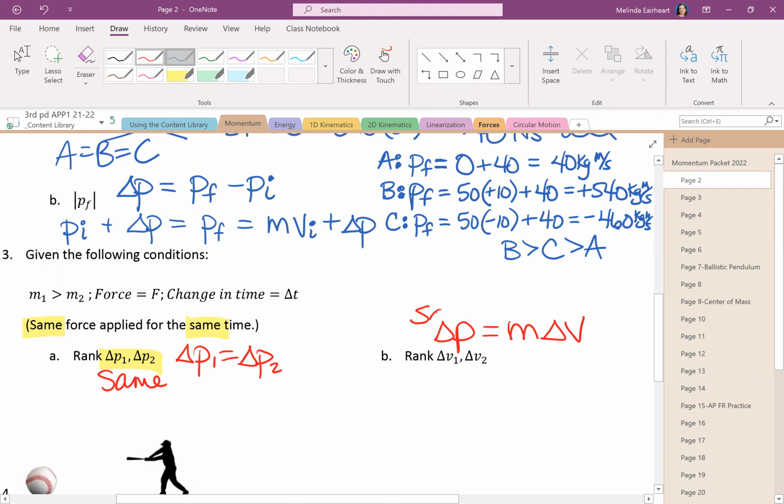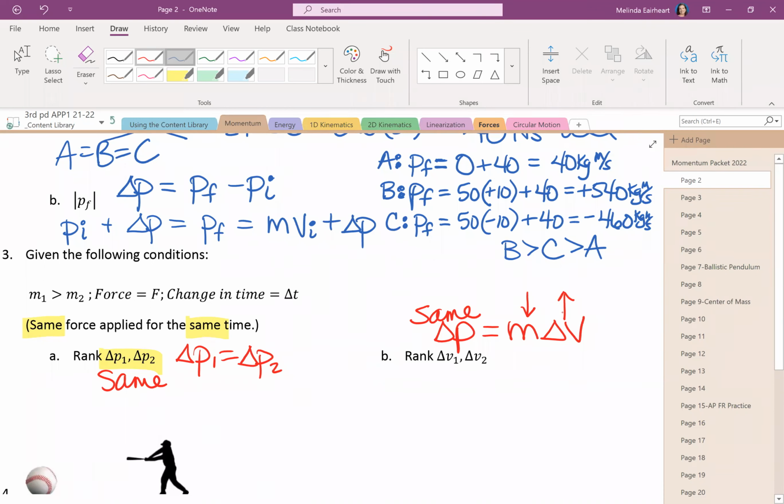If they have the same change in momentum impulse, then the one with the smaller mass will receive what kind of change in velocity? Greater. And so rank the change in velocity. If M1 is greater than M2, who's going to get the greater change in velocity? 1 or 2? 2.